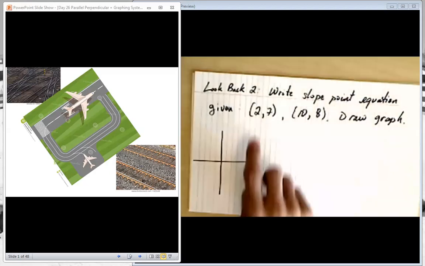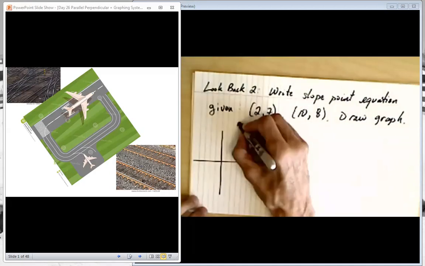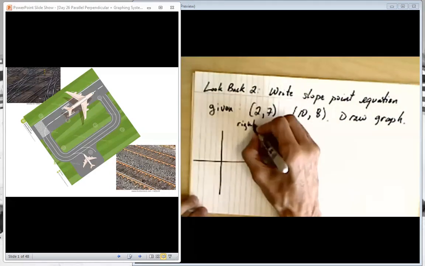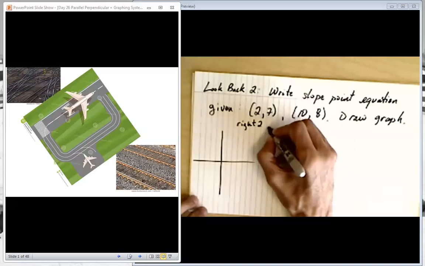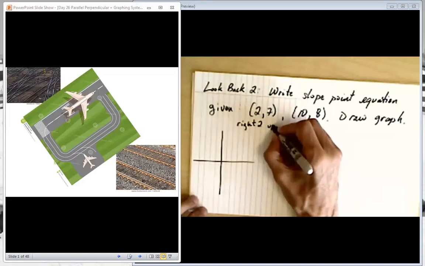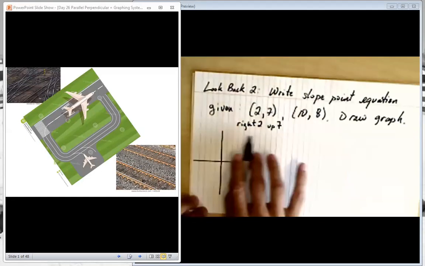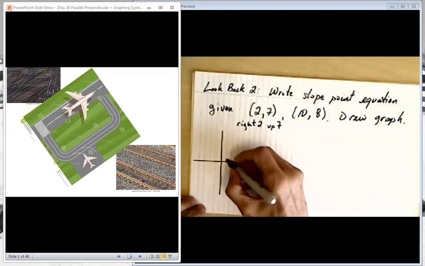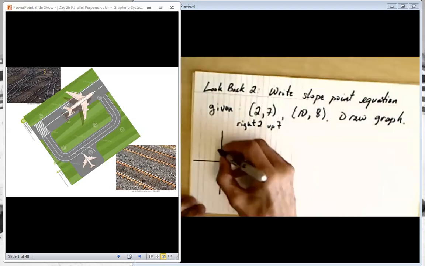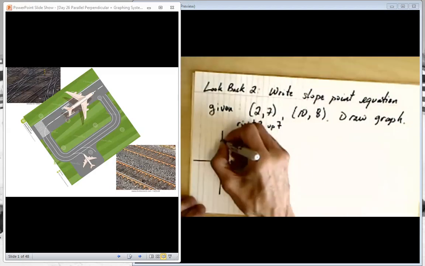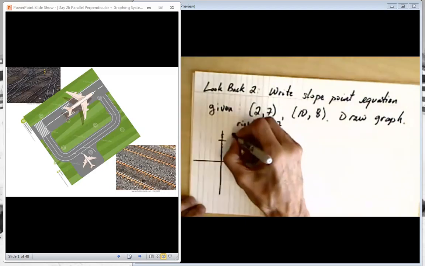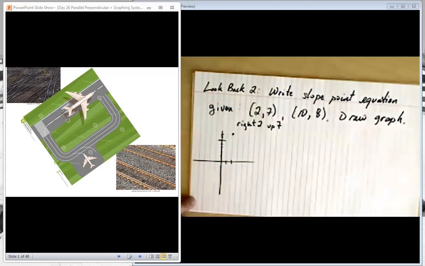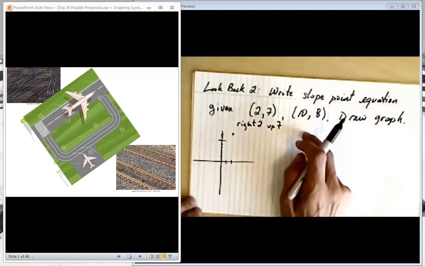Right by 2. Yeah, we'll use our English there. Right by 2, up 7. So try and squeeze it in. How's that look? Oh yeah, that's okay. So right by 2, 1, 2. Up by 7, 1, 2, 3, 4, big 5, 6, 7. Somewhere about there. This one here.